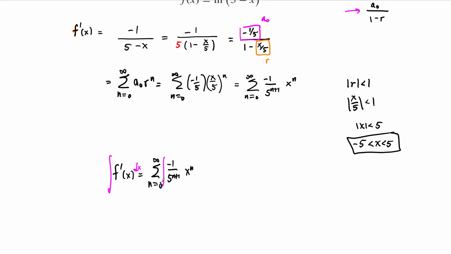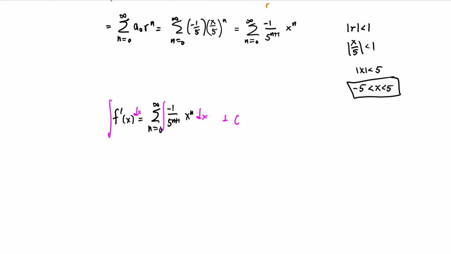We know from the notes that we can integrate this term by term as long as we add our unknown constant. What we end up with then is our function f of x, which, by the way, we know is the log of 5 minus x. The log of 5 minus x is then given by this power series. I'm going to move the unknown constant to the left so that it doesn't look like it's in the sum.